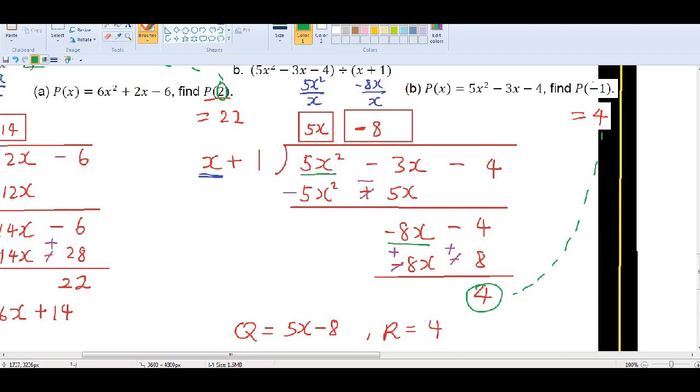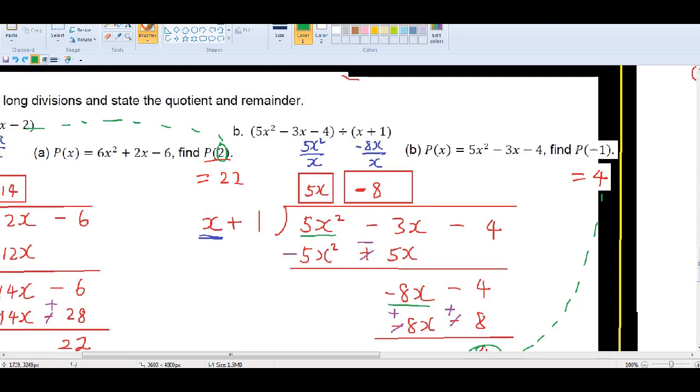So what is so special about this minus 1? Look, if I put that minus 1 into the divisor, what happens? It will make the divisor 0 because minus 1 plus 1 becomes 0.